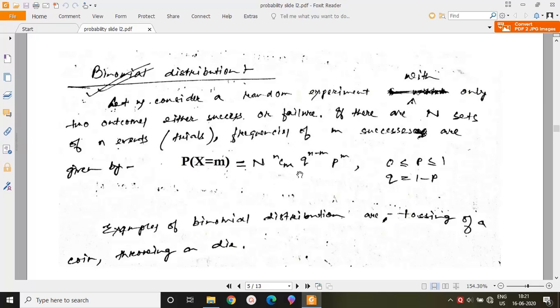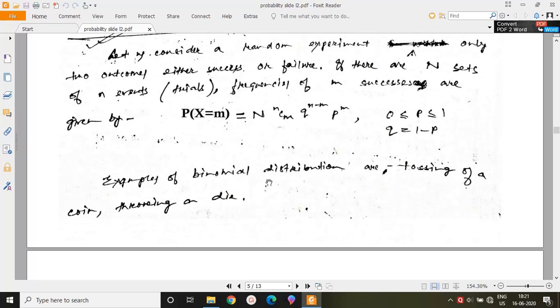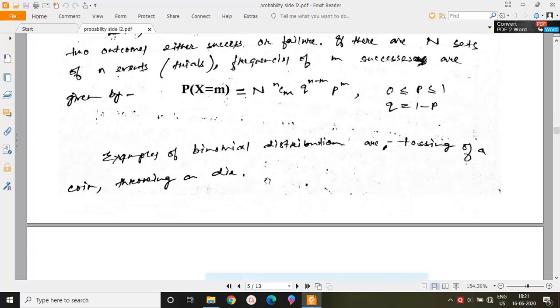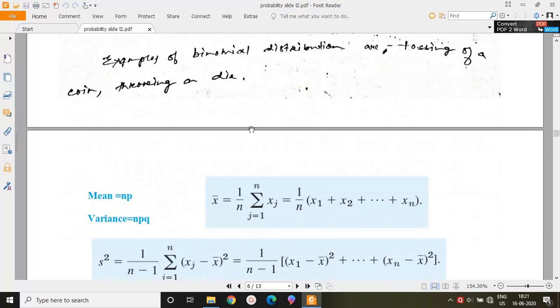So binomial distribution follows that type. What are the examples of binomial distribution? Tossing a coin, even throwing a die. Throwing a die, the output either comes or it does not come. So we'll handle problems later on.